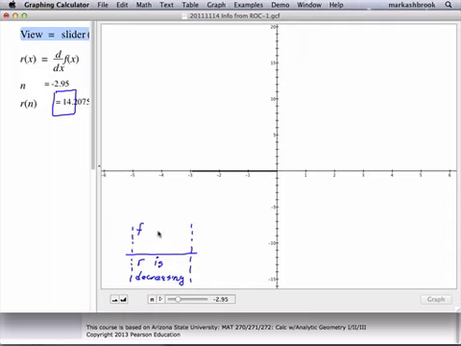What can we say about F? Continually increasing. He says continually increasing. The whole way. Okay. What can we say if F is positive or negative?